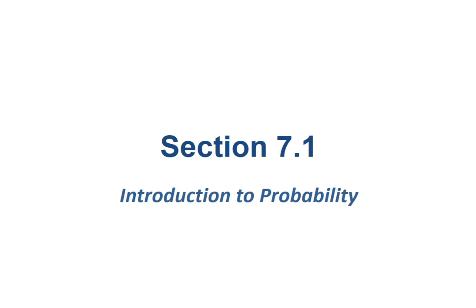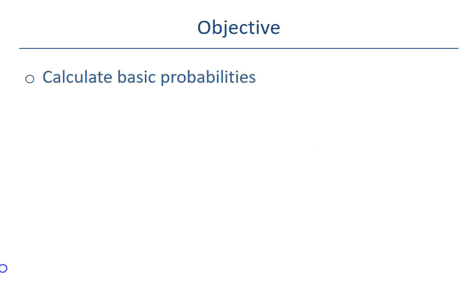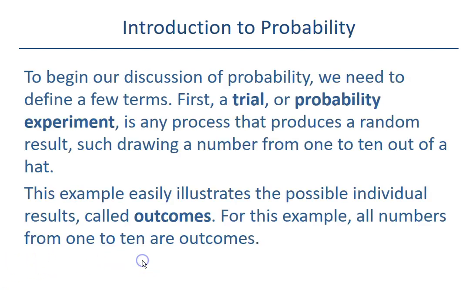Now, when we think of probability, you might ask, well, what are we thinking about? Well, it's the likelihood that an event would occur. But there's some mathematics involved in it. So let's take a look. We want to be able to calculate basic probability.